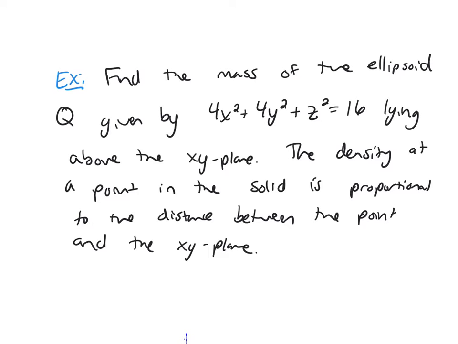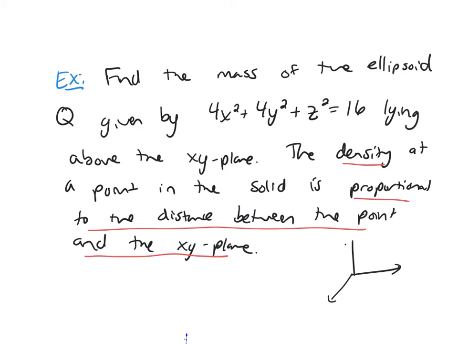So let's focus in on this information about the density function. The density is proportional to the distance between a point on the solid and the xy plane. So if I look here, let's say I have an arbitrary point on my solid, x, y, z.